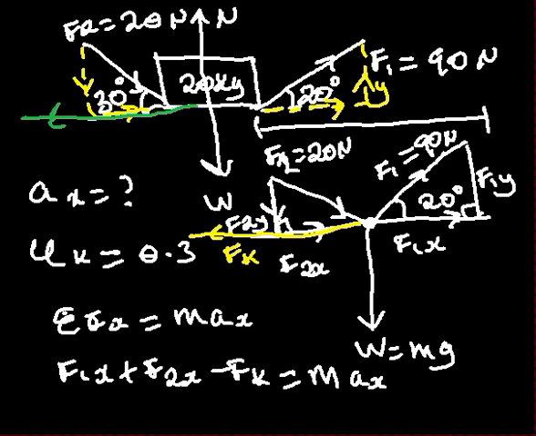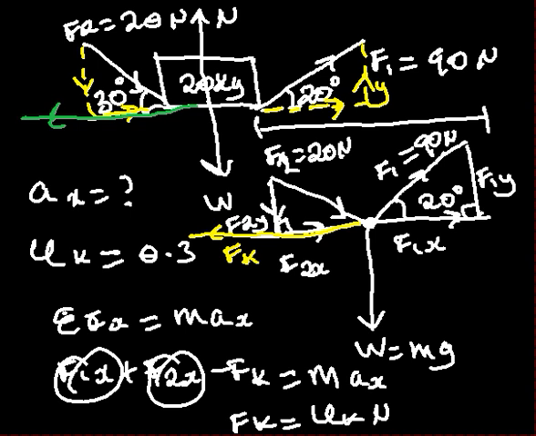From there we should resolve the forces to get F1x and F2x, and keep in mind that Fk is mu k times the normal force. So how should you get the normal force? We need to look at the forces acting along the y-axis.